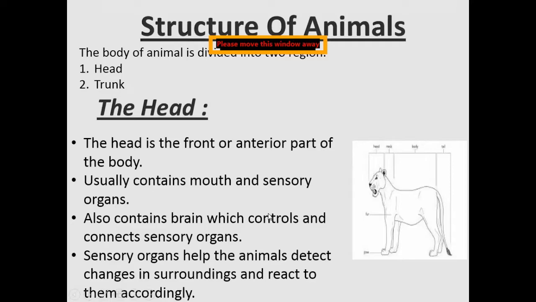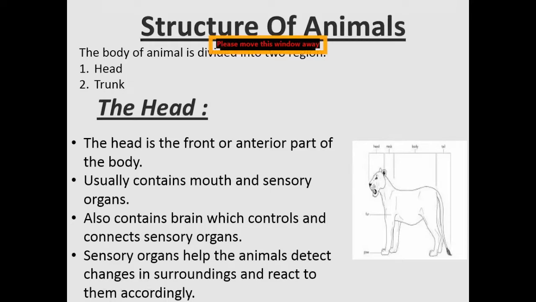And what is a sensory organ? Sensory organs are specialized organs composed of sensory neurons which help us to receive and respond to our surroundings. So, how many senses are there, students? Right, five senses. Yes, you are right.